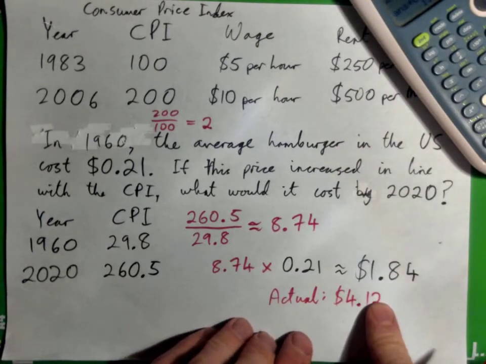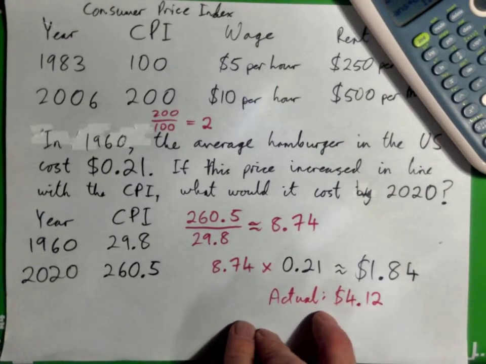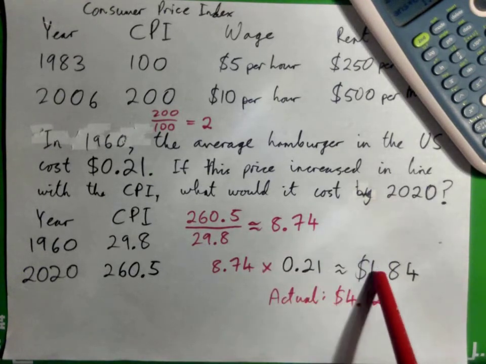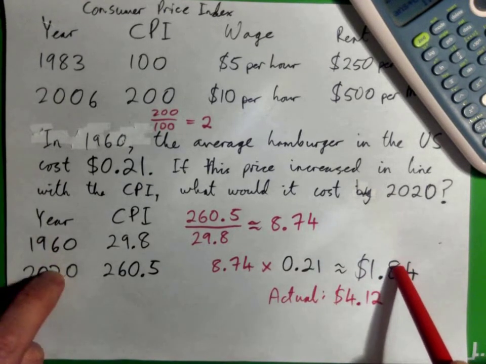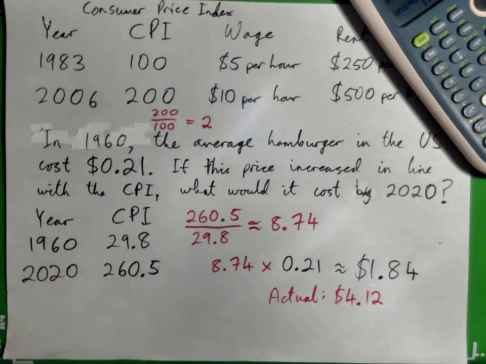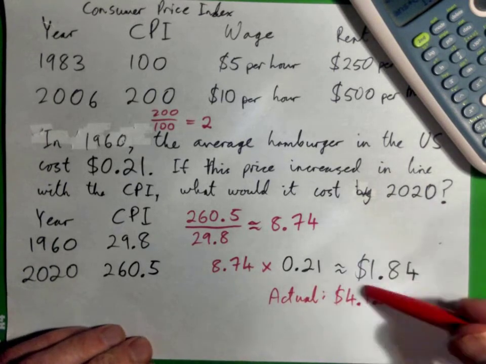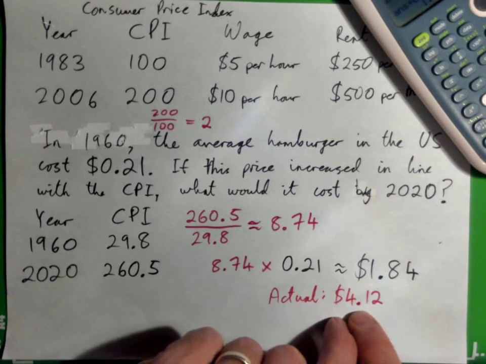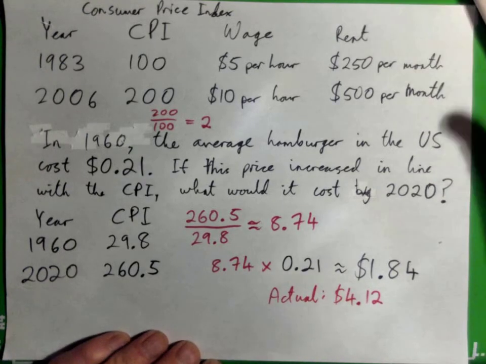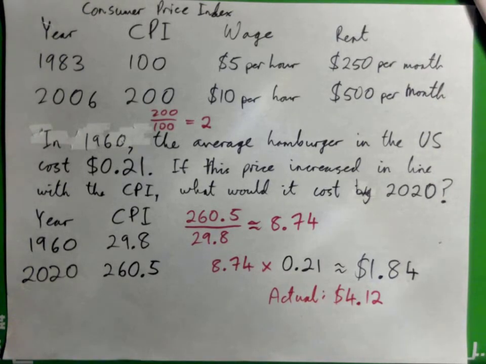So a hamburger really is a lot more expensive now than it should be, if that makes sense. Maybe they're bigger. I don't know. It mightn't be the same hamburger, you know. Maybe a 2020 hamburger is probably twice the size. But yeah, if it increased on average with everything else, it would be $1.84. It does happen to be $4.12. That's our actual average price. But there you go. Are we clear on that? Is that okay?